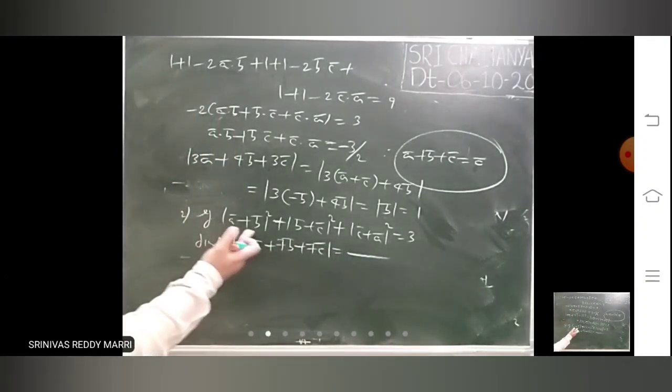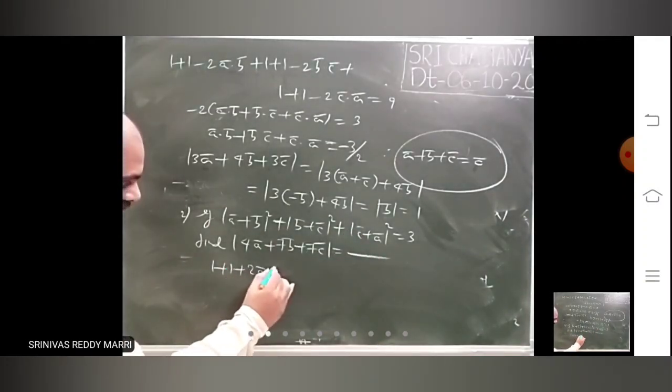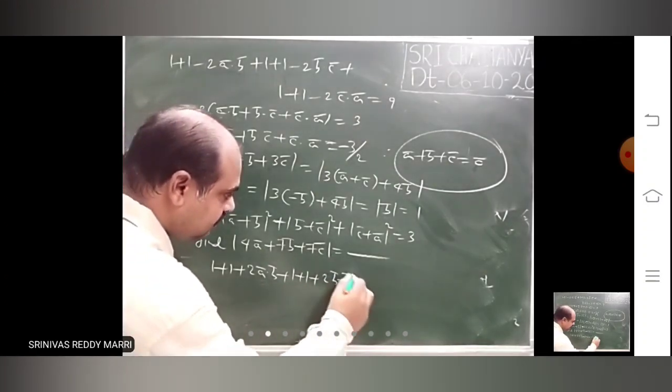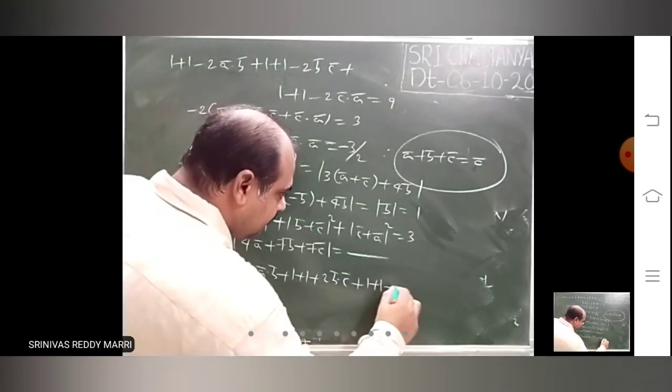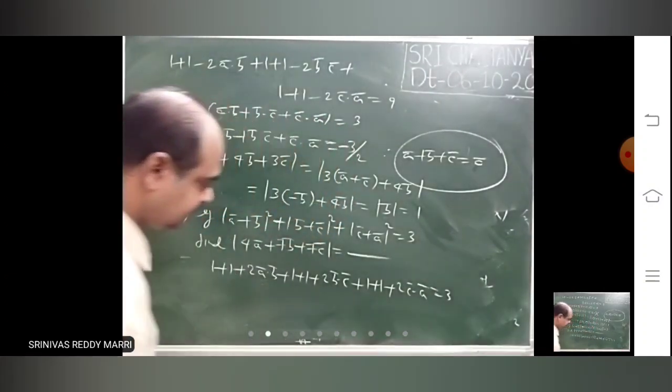Suppose, so the same case arises. If you write 1 plus 1 plus 2a dot b, 1 plus 1 plus 2b dot c, 1 plus 1 plus 2c dot a equal to 3.